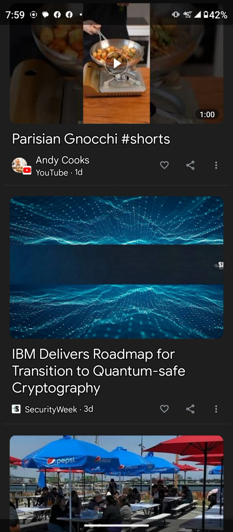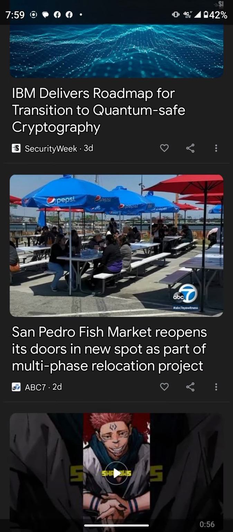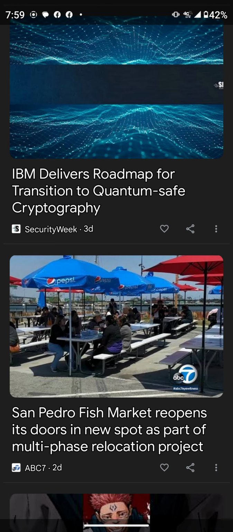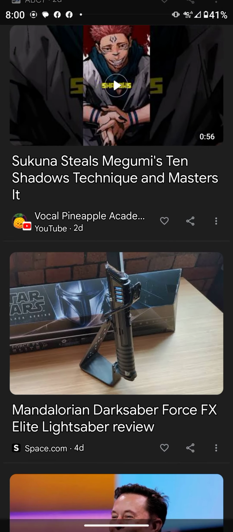Yeah, and then there's a problem with quantum safe cryptography because we're getting to the point where AI might be able to completely compute everything that we're sending through the quantum cloud, which makes it not safe. But yeah, we're getting closer and closer.